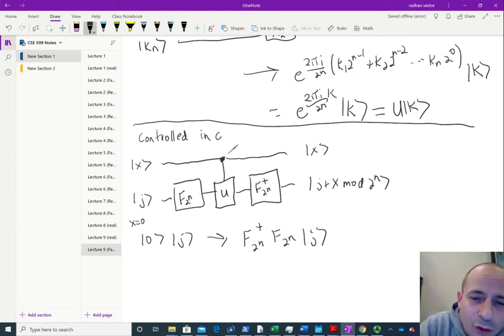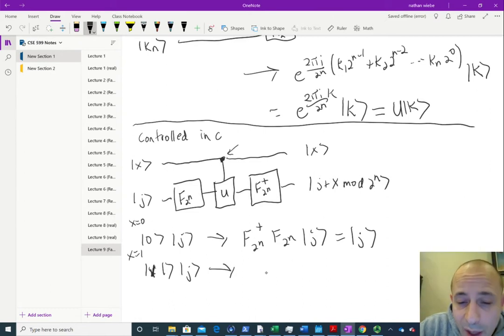The reason is that this controlled unitary never fires. So that's equal to j. Now, if we look at the case where x equals 1, then this 1j is going to map to F_2^n dagger U F_2^n j.